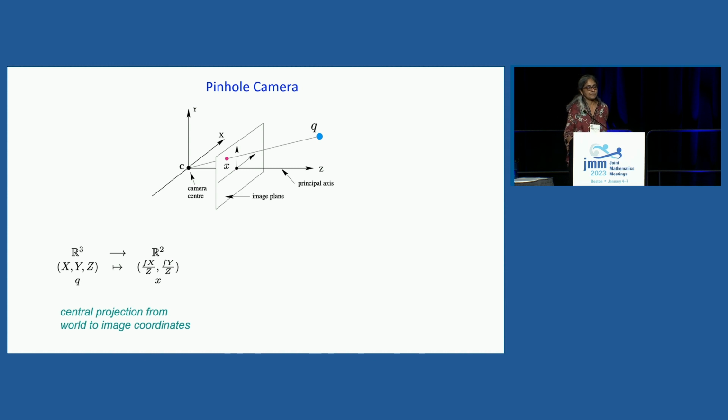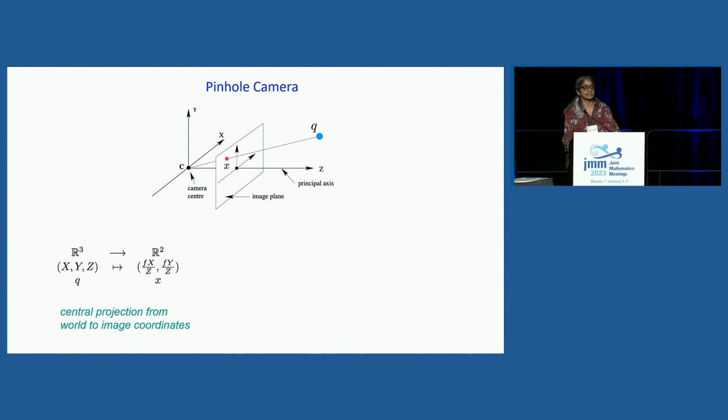And the way you take a picture is, if I want to take a picture of this point Q, which is in the world, you draw a segment from Q to the center, and you look at the intersection of that segment on the image plane. So in this particular drawing, the image of the blue point Q, which is called the world point, is the red point X, which is on the image plane.